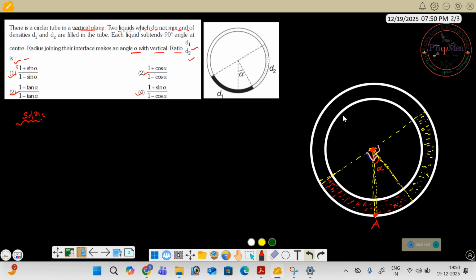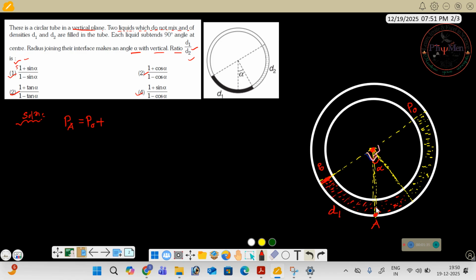Since in this space there is nothing, both are exposed to the same atmosphere, so here also the pressure is P0, here also the pressure is P0. So we can write the pressure at point A as, from this side, P0 plus the pressure due to this column of the liquid.